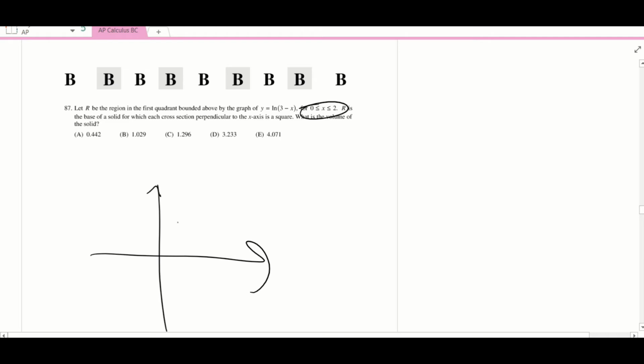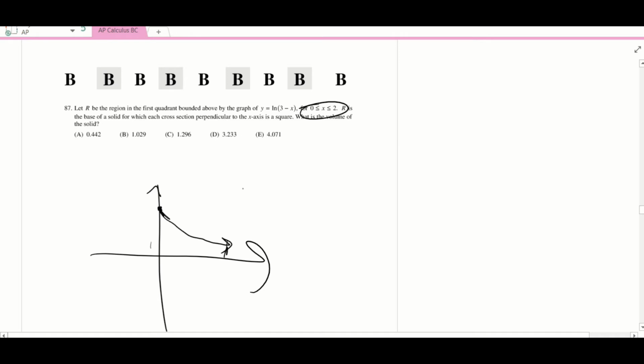Sorry, so it looks something more like this or something. I'm not too sure. It doesn't matter that much, but it looks something like that, more or less.